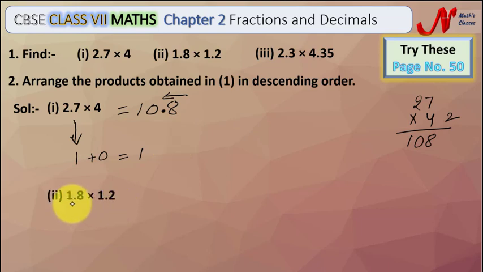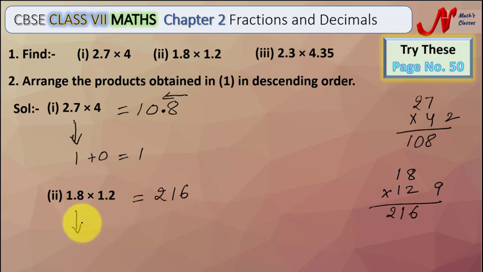Next we find the product of 1.8 into 1.2. To find this we first multiply 18 with 12. So 12 eights are 96. 12 ones are 12. 12 plus 9 is 21. So we get the product 216.